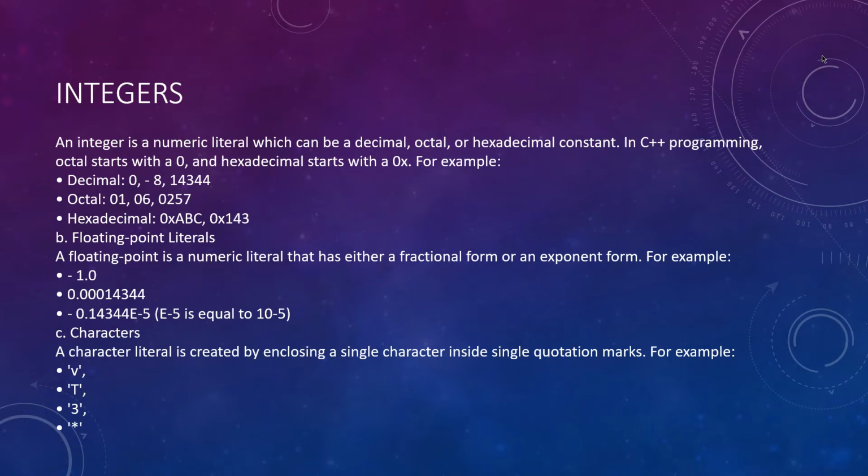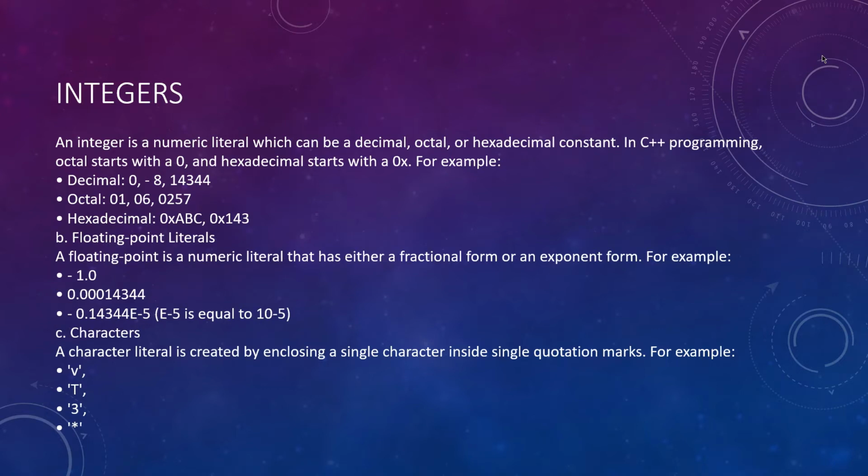In C++ programming, octal starts with a 0 and hexadecimal starts with 0x. You can see the example below. Letter B. Floating point literals.